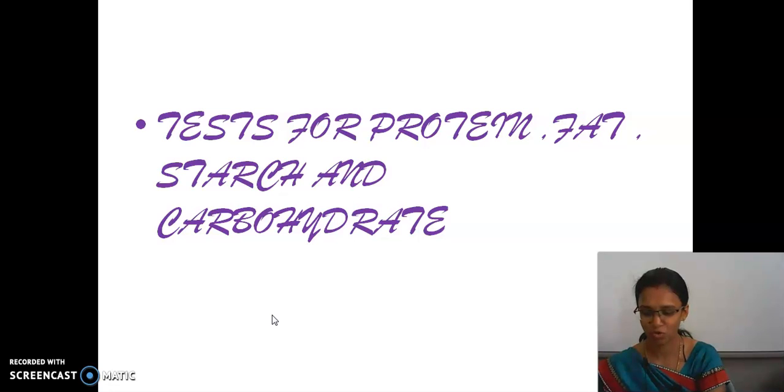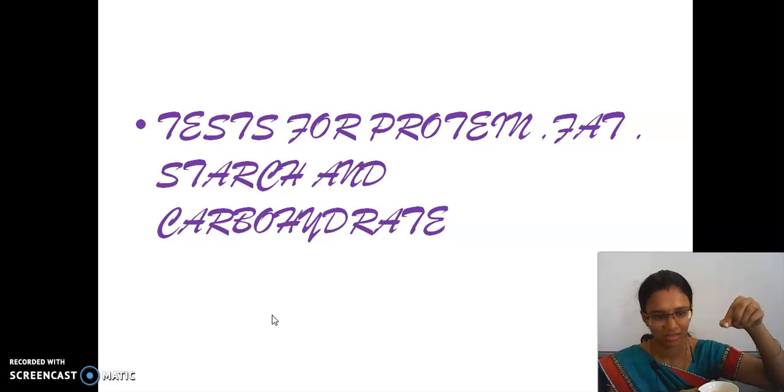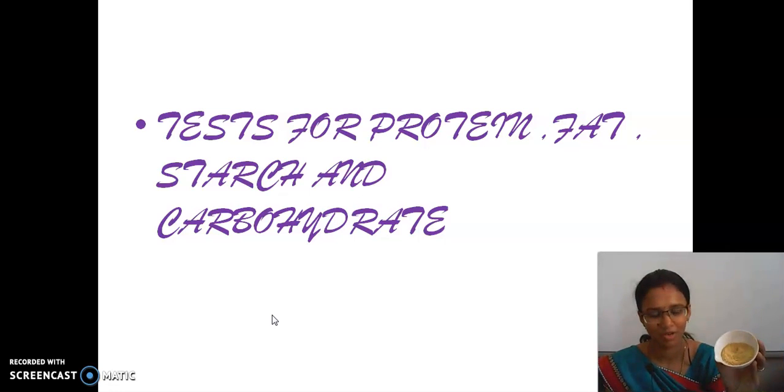Next, we have two solutions here. One is sodium hydroxide, that is NaOH, and another one is calcium carbonate. For doing this experiment, we need some powdered pulses. Pulses are a source of protein, right?